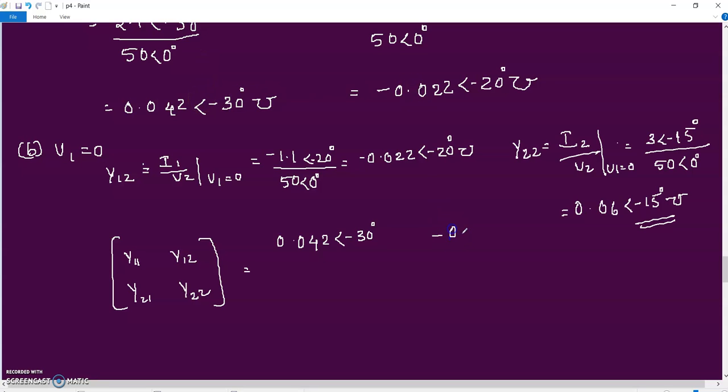Y12 is minus 0.022 angle minus 20 degree, and Y21 is also the same, minus 0.022 angle minus 20 degree. And Y22 we have 0.06 angle minus 15 degree. So this is the Y-parameter matrix.